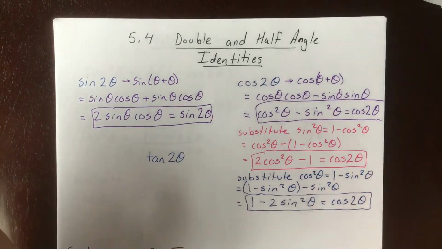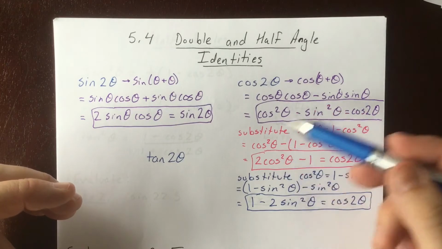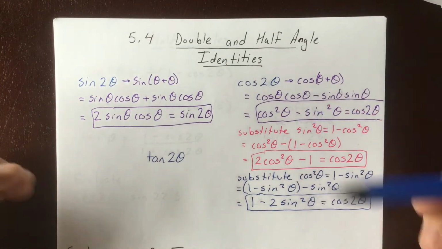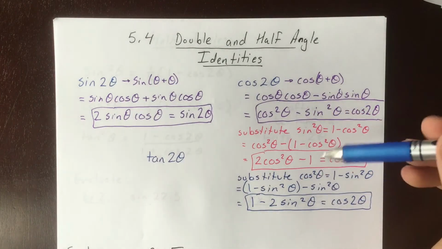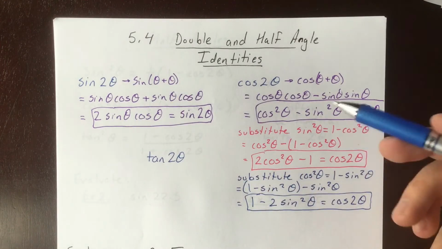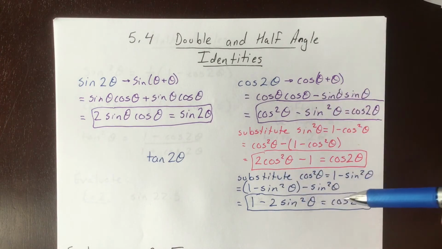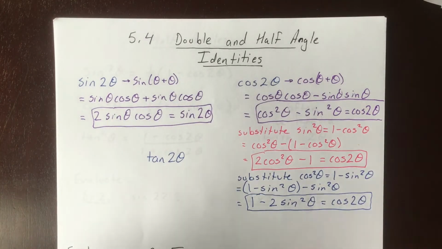So why do we need 3? Is there a use for having 3 variations of one identity? There might be when it comes to verifying, but just know each of these could be used if I have cosine of a double angle. We don't even know what a double angle means or what it looks like yet, but we will. Just be patient, guys.